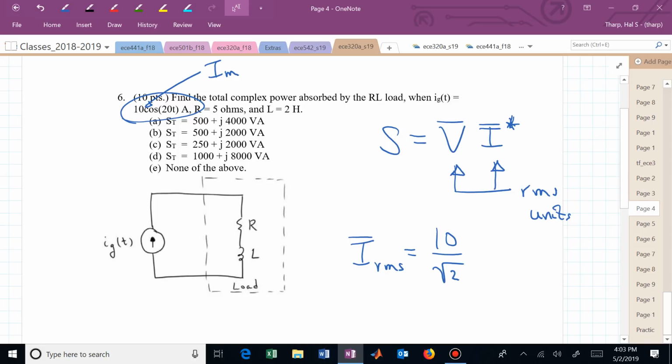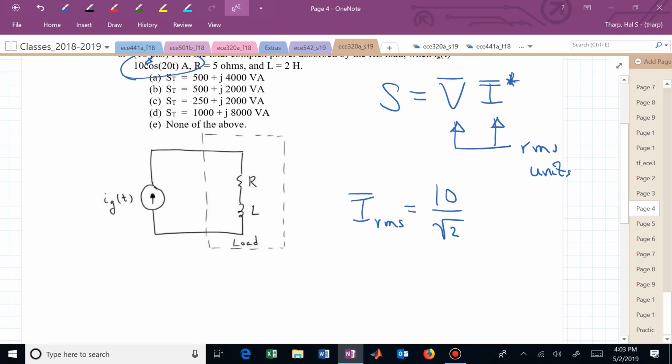Well, another way to approach this would be to say, if I'm given I's, maybe I should just focus on I's and say V is Z I, Ohm's law. And that works in max or RMS, right?